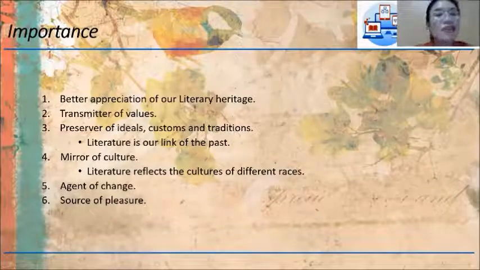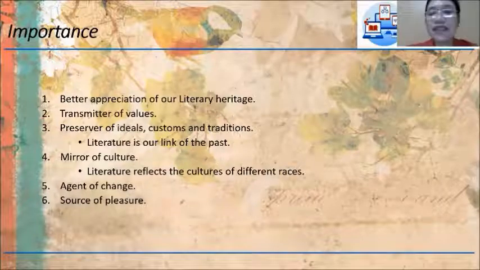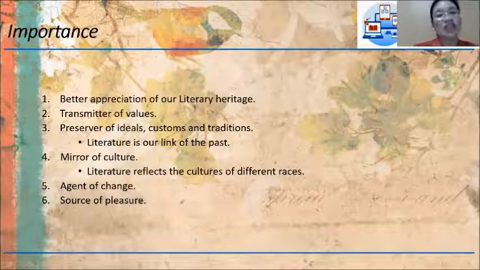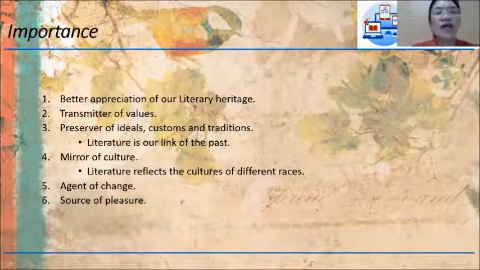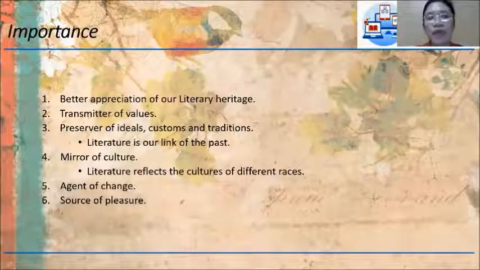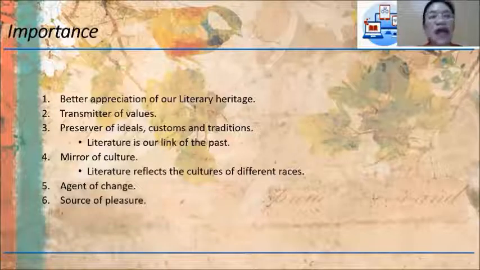And then also we have literature as agent of change. History bears record of significant changes in society brought about by literature. The choice of Tagalog, for example, as basis for Filipino, which is our national language, has been partially due to the popularity of writings in Tagalog, like Francisco Balagtas' Florante at Laura.